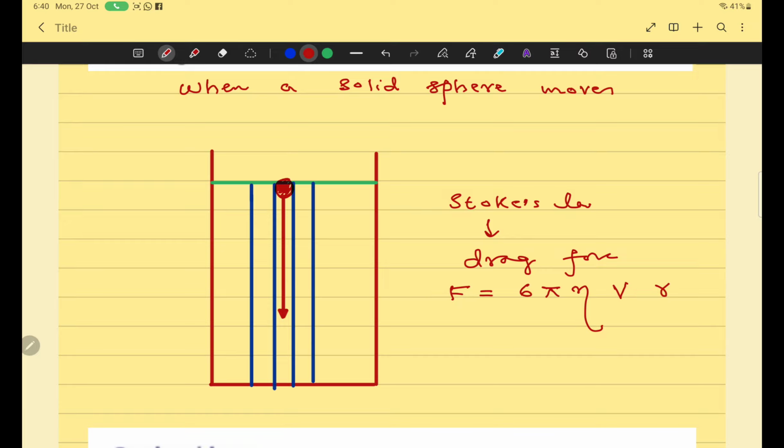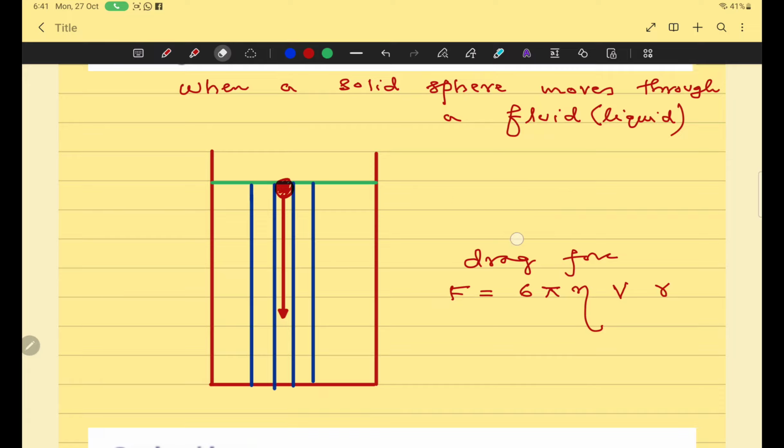moves through a fluid, consider we are dealing with a liquid, but it is valid for all fluids.